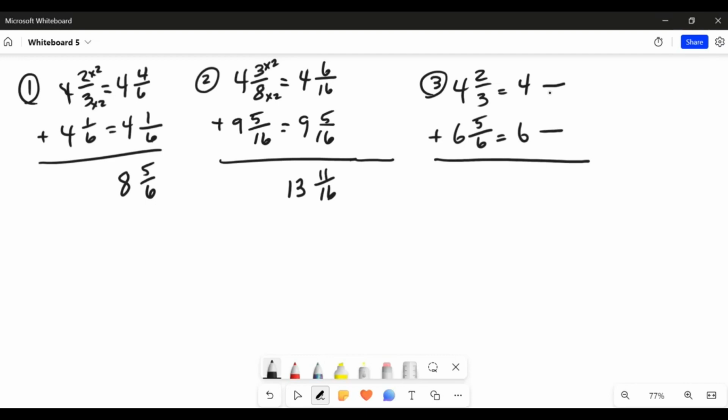Okay, the common denominator is 6. So the bottom one, we don't need to change anything. It's already in 6. But for our 2/3, 3 changed into 6. We multiplied by 2. Multiply by 2 on the top, and we get 4/6.